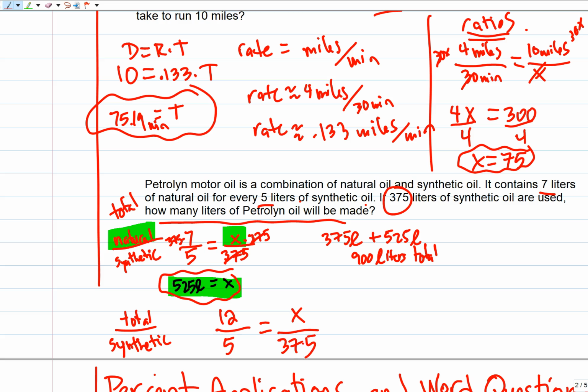Most of us probably wouldn't solve it this way, but that's the beauty of ratios: we can set up different ratios to solve it differently. So if I do the total over the synthetic equals the total over the synthetic, then my X will be the total. So basically, what is 375 times 12 over 5?